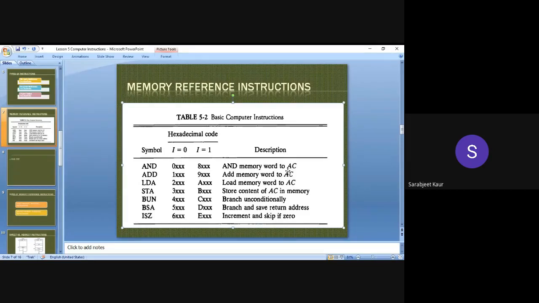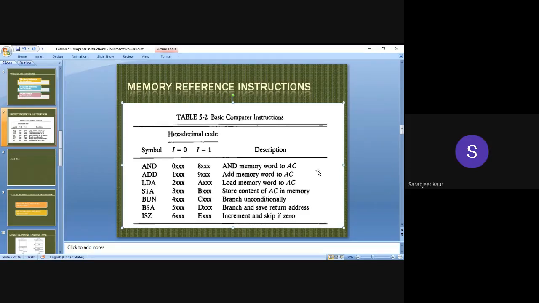Is this clear? And the result will again be stored where? It will be stored in AC. Is this clear? Yes, ma'am. Right.